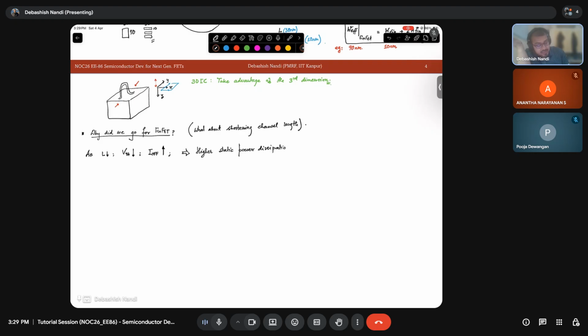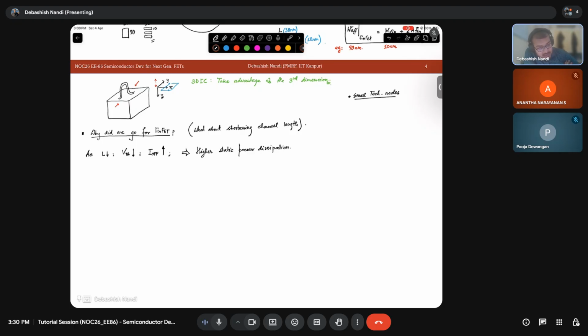What does that mean? Your mobile phones or your laptops are draining out battery even when they are not operating, right? Or your inverters, whenever they are not switching, that means in the idle state, you have certain leakage which is draining your battery, and that is not good because of these small technology nodes.